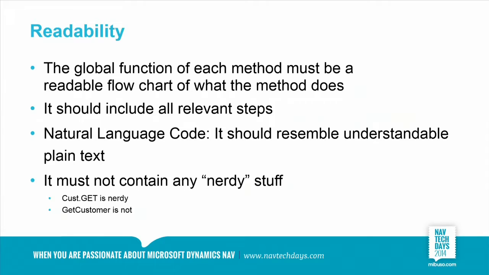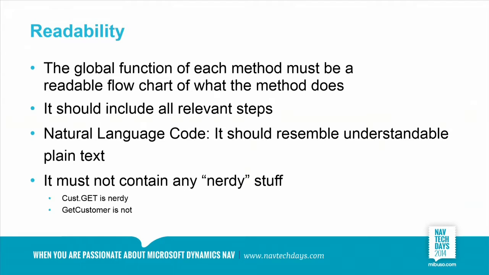That's not the idea. You should actually break down the steps that you need to execute that method into parts, make them as small as possible so that each part only does one thing, and have a readable flowchart in your method header that tells everybody, including consultants, in natural language what this function does.